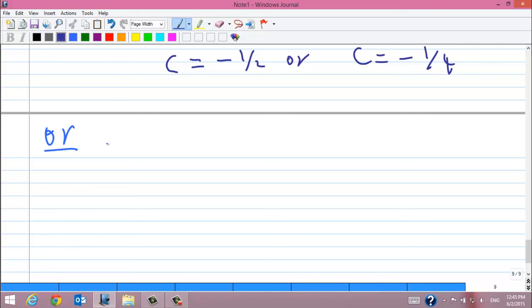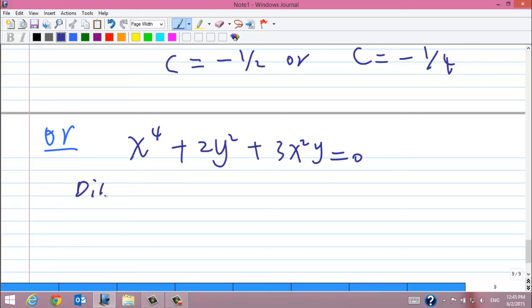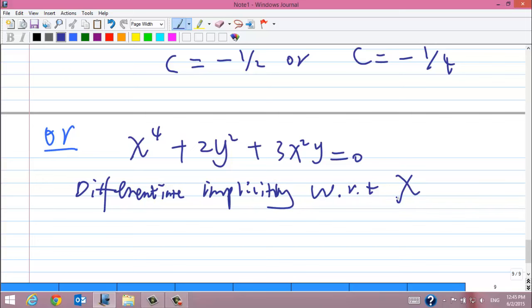The conventional way is to differentiate implicitly. Like 4 plus 2y squared plus 3x squared y equals 0. So we differentiate implicitly with respect to x.